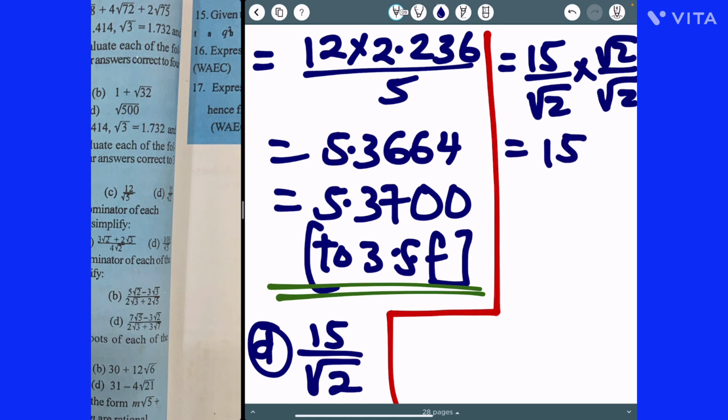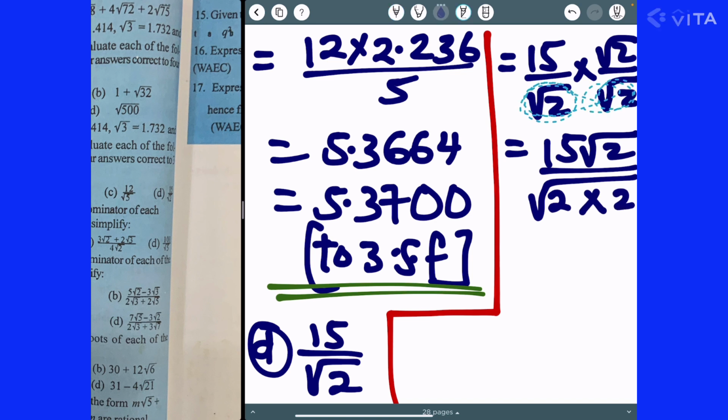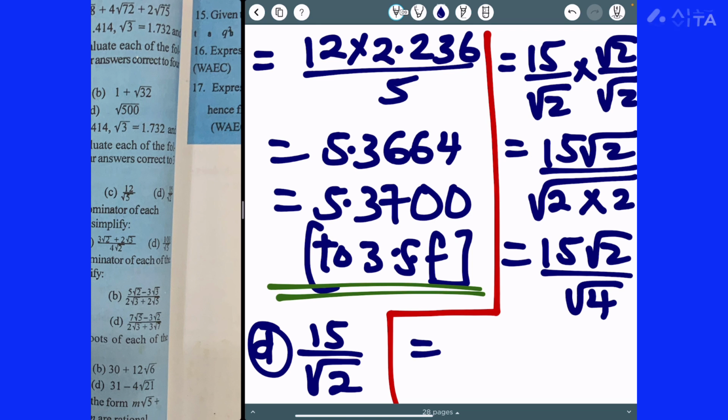So that's 15 root 2 over root 2 times 2, which is root 4. That gives me 15 root 2 over root 4. The square root of 4 is 2, so that's 15 root 2 over 2.